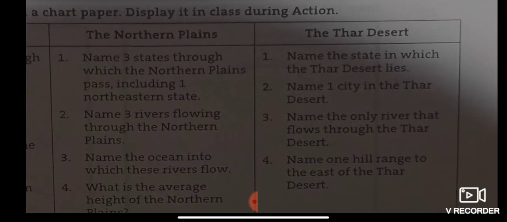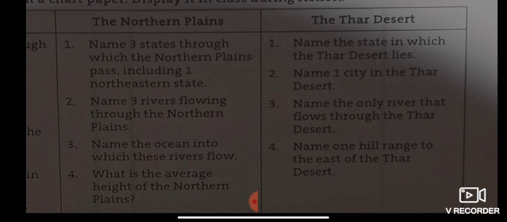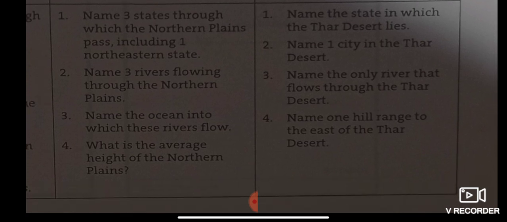Regarding the northern plain, one: name three states through which the northern plains pass, including one northeastern state. Point number two, name three rivers flowing through the northern plains. Point number three, name the ocean into which these rivers flow.